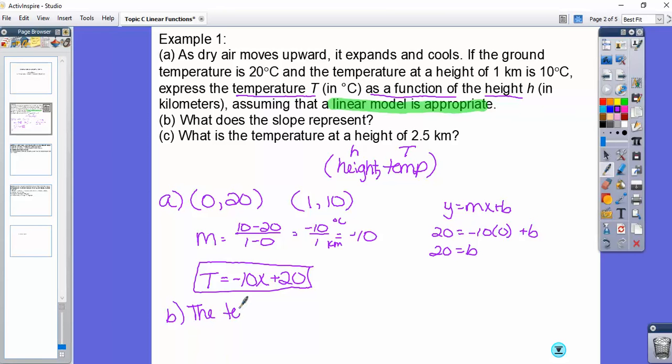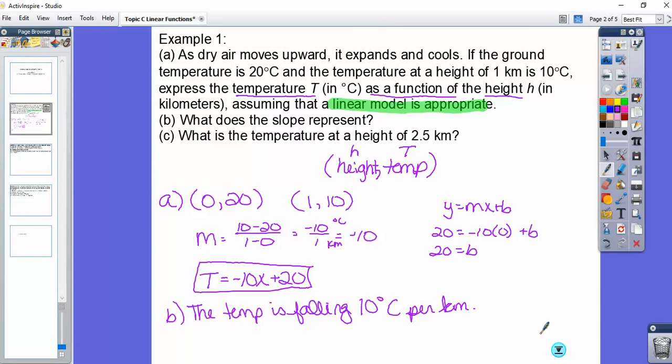The temperature is falling 10 degrees Celsius per kilometer.